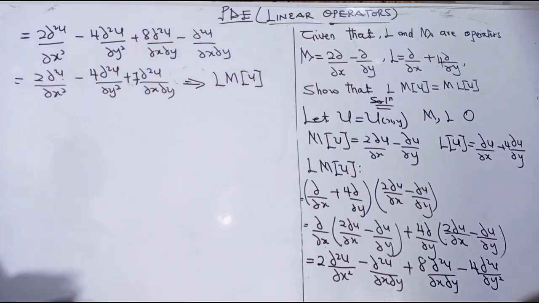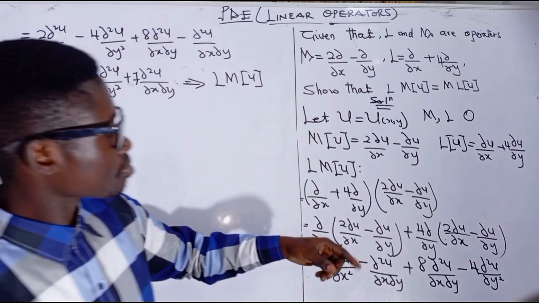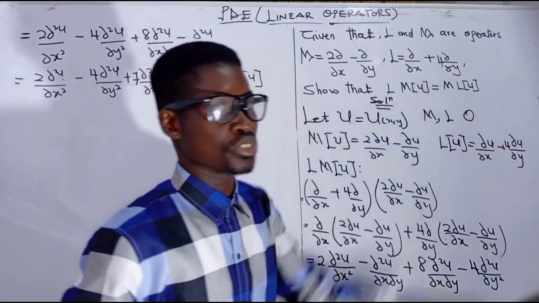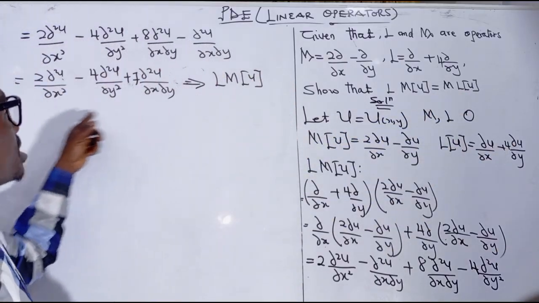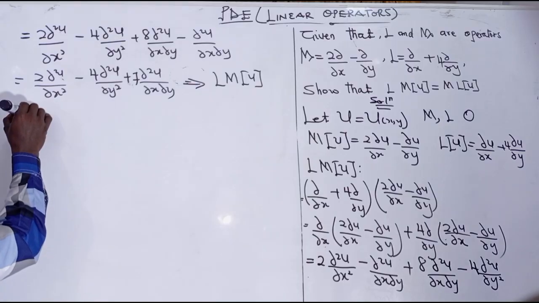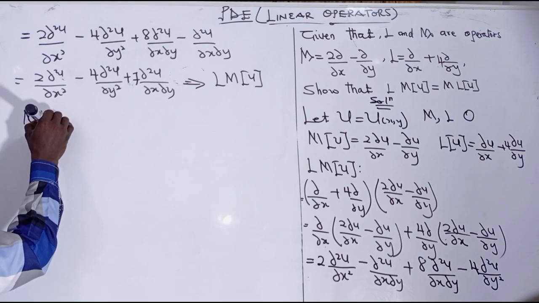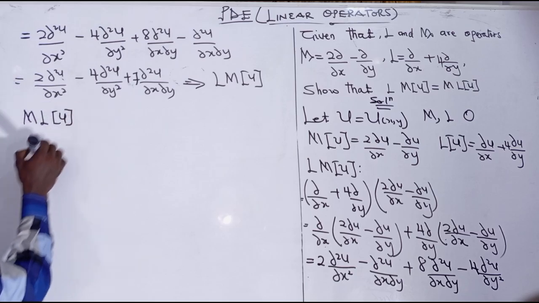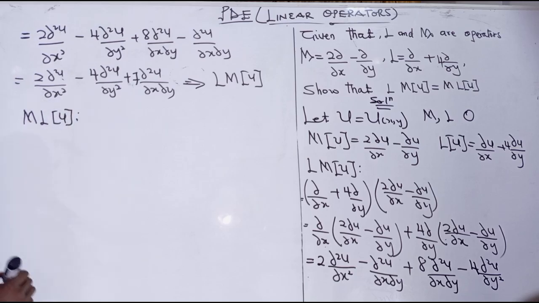Now once we are done with LMU, we are going to move on to MLU, to see whether what we are going to get is the same as this or not. So let's move on to M operating on L and then U. So we have M LU.